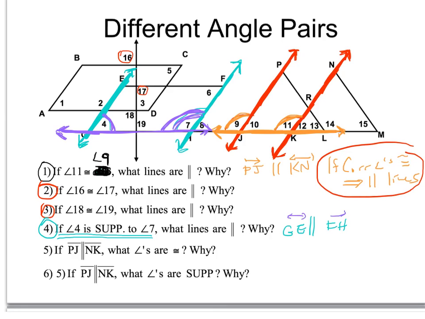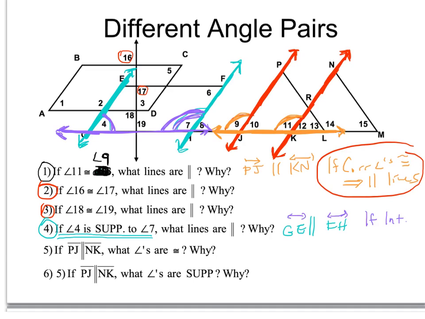And my reasoning, and most people miss this on the quiz and the test, they did not give me very good wording on this theorem. If, and this is the key word, interior, angles 4 and 7 are in between the blue lines, they are interior angles.